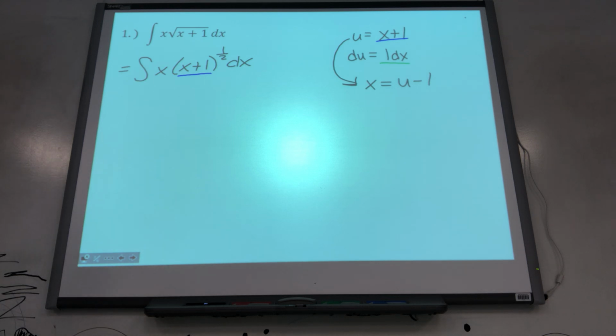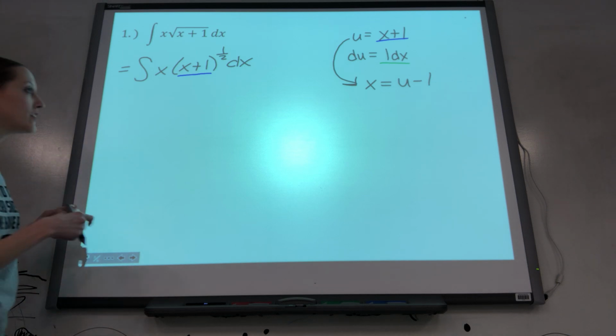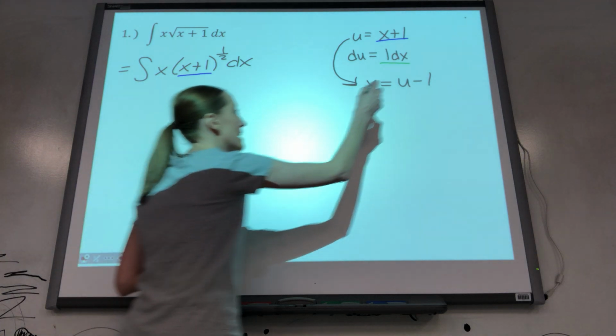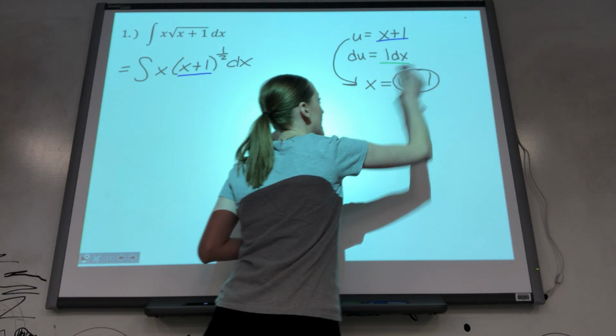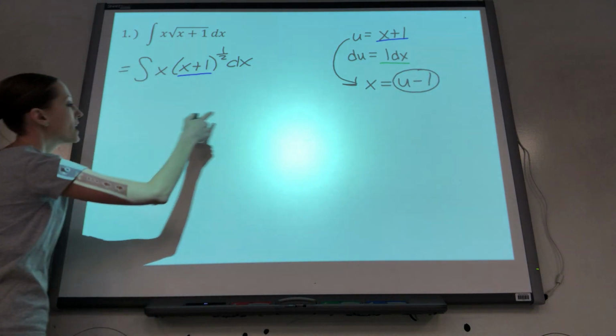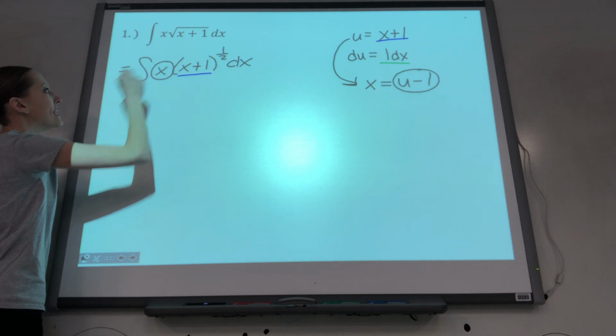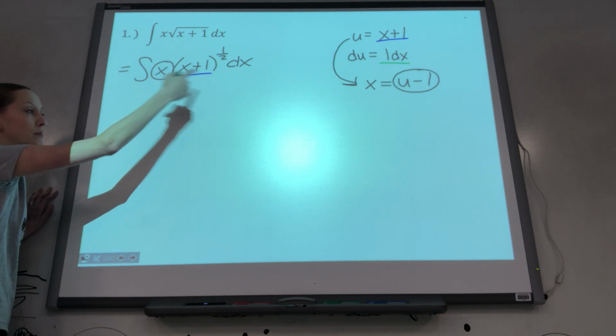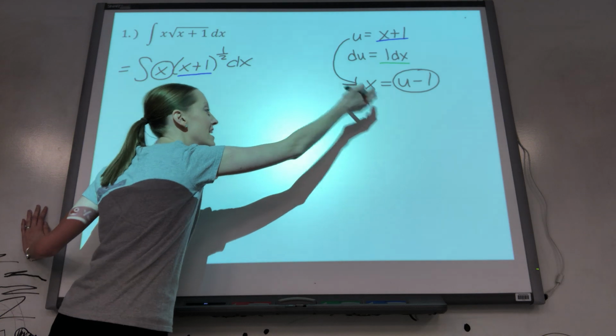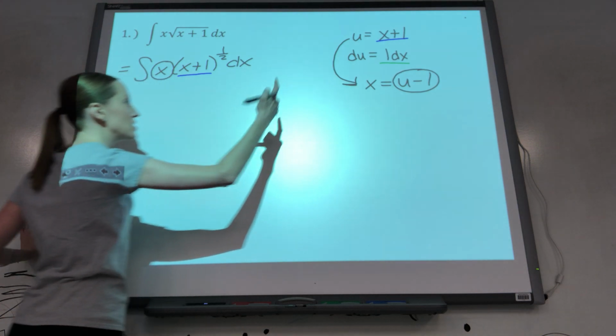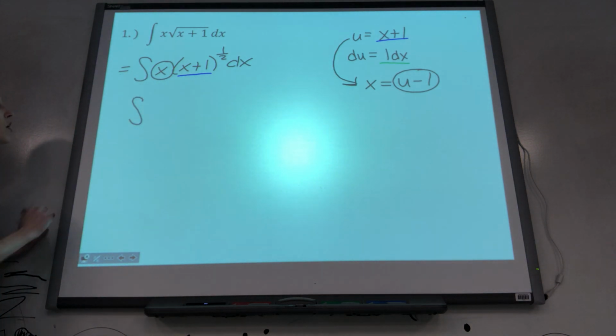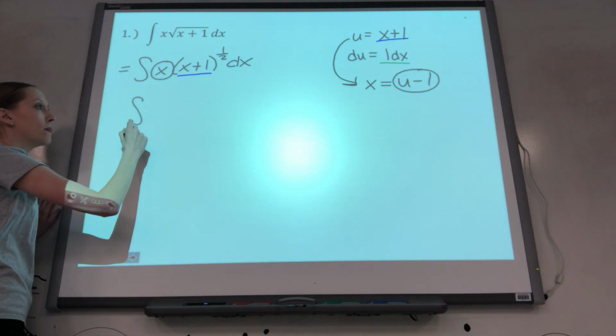Now, the next part of the step said, then substitute. So watch what we're going to do here. We're going to take u minus 1, and we're going to plug it in right here for x, because it's saying over here that x equals u minus 1. So I take my integral.